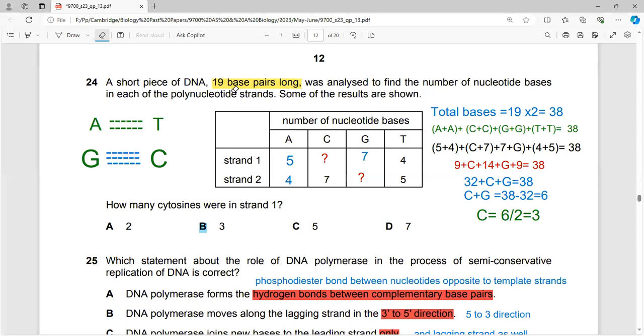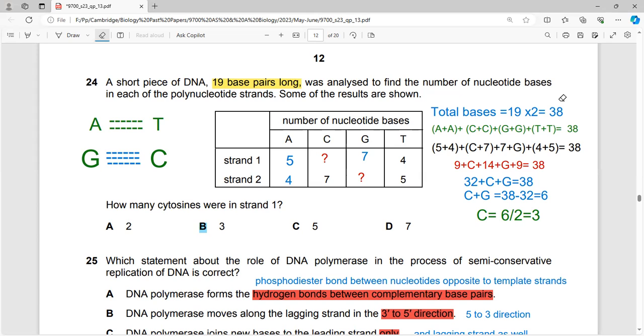Further, we will focus on 19 base pairs. So here we have total bases equal to what? 19 multiplied by 2 because they are present in pairs. That is equal to 38. Now every strand has adenine present on strand 1 and strand 2.